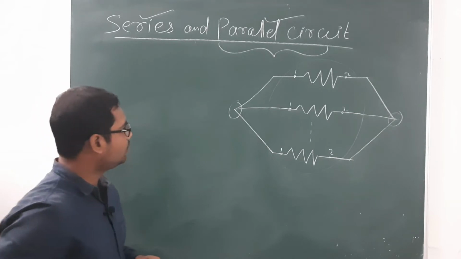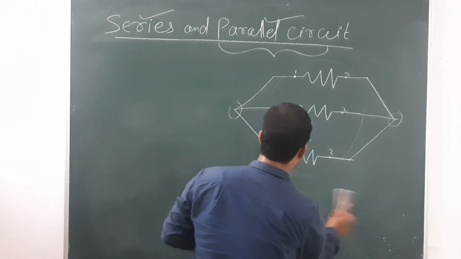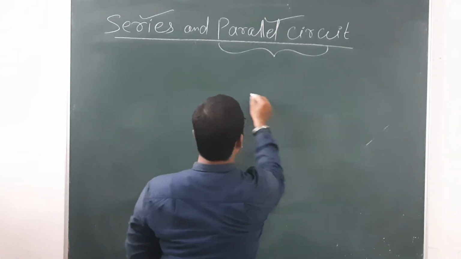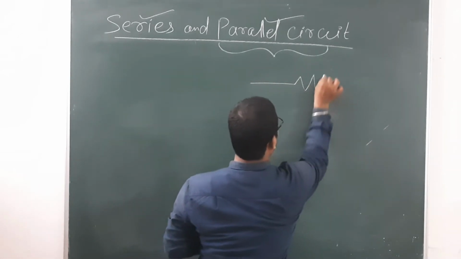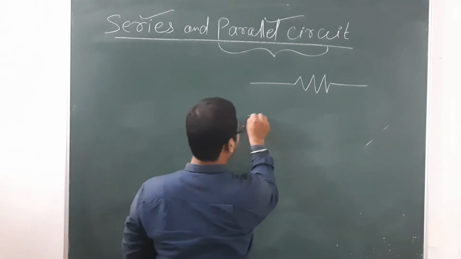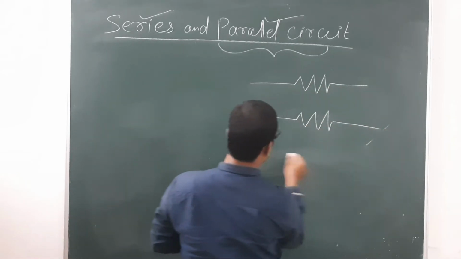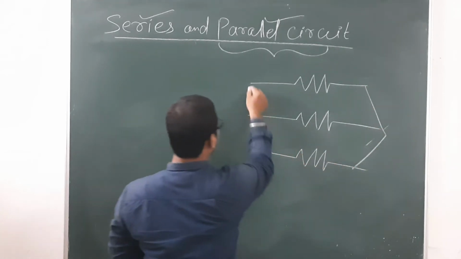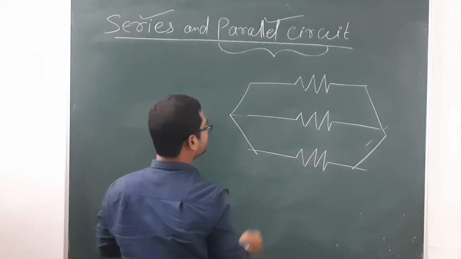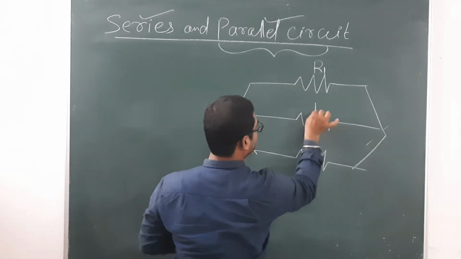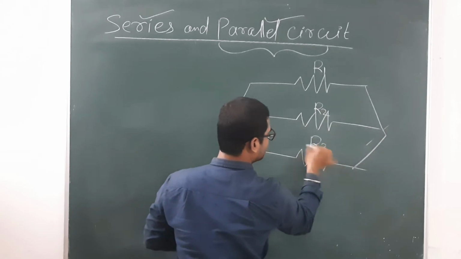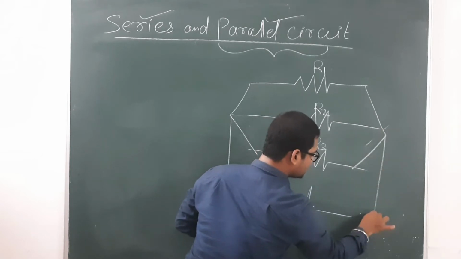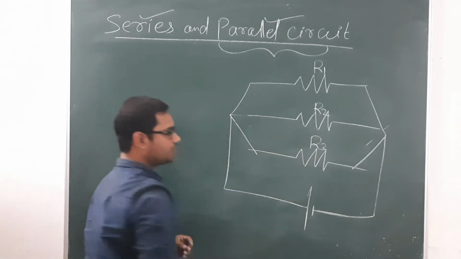Similarly, I will draw this one, so only three resistances are there. This will be R1, this will be R2, this will be R3, and the resistances are connected to your source.